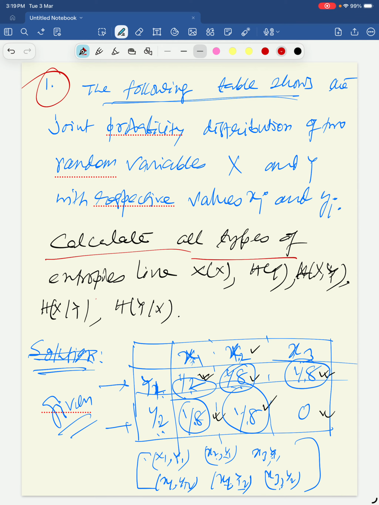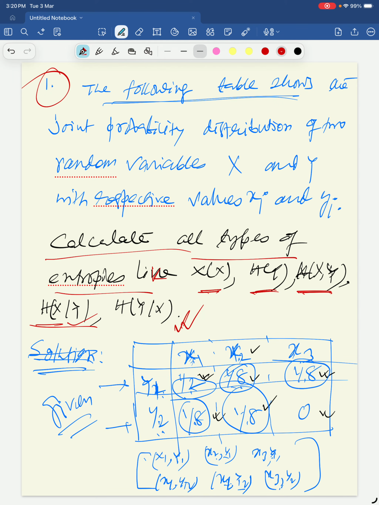Calculate all types of entropies: H(X) we calculated, H(Y) we calculated, H(X,Y) calculated, H(X by Y), H(Y by X).